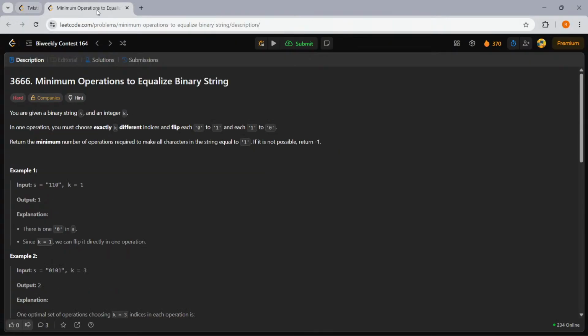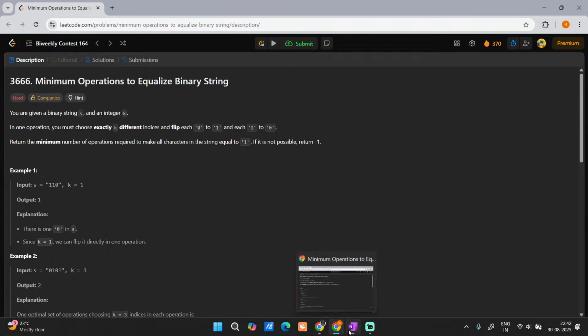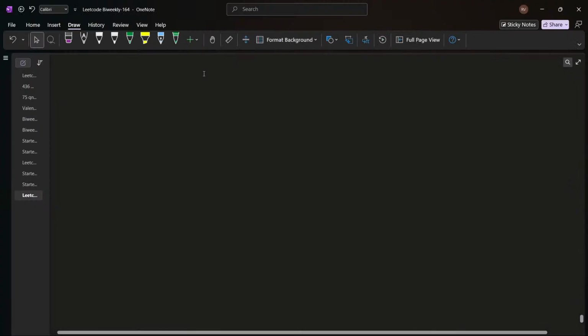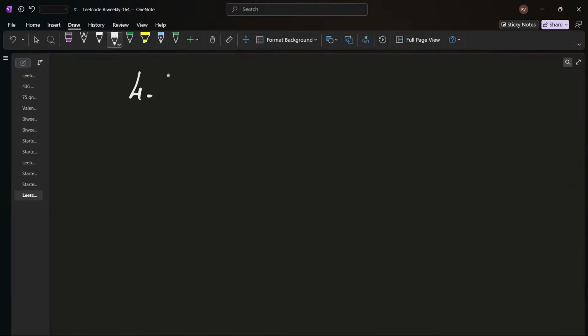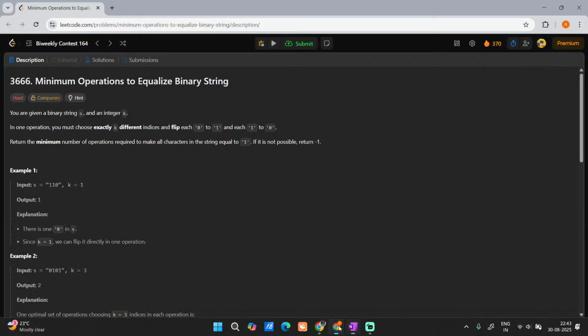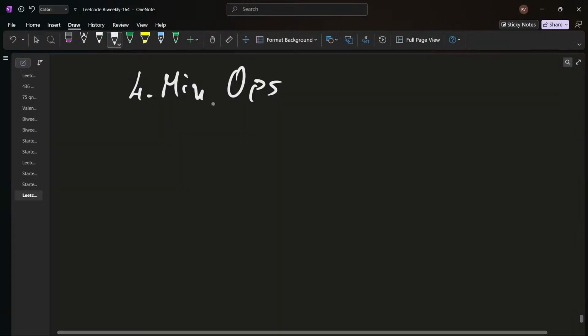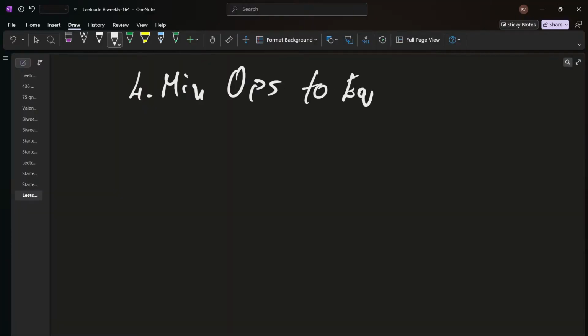The fourth question is minimum operations to equalize binary string.